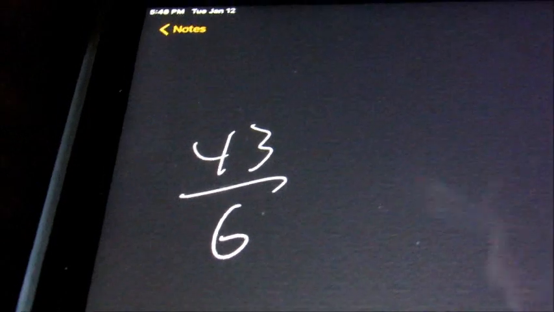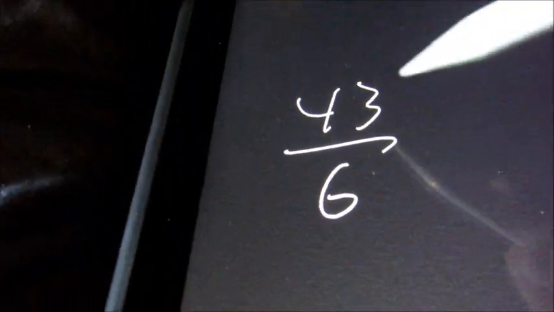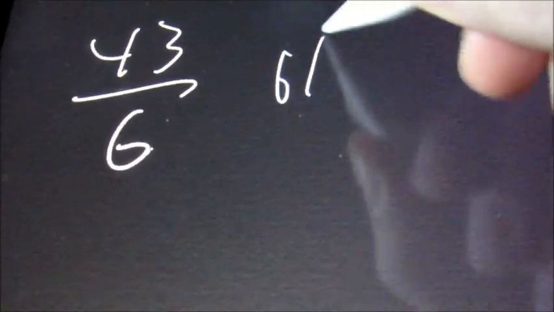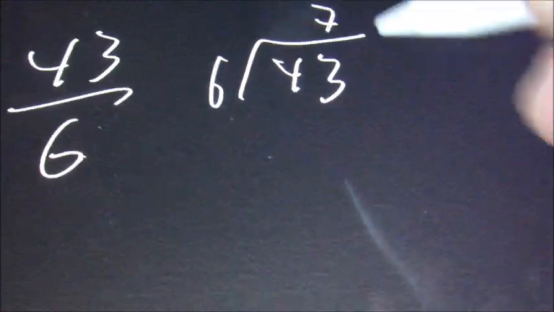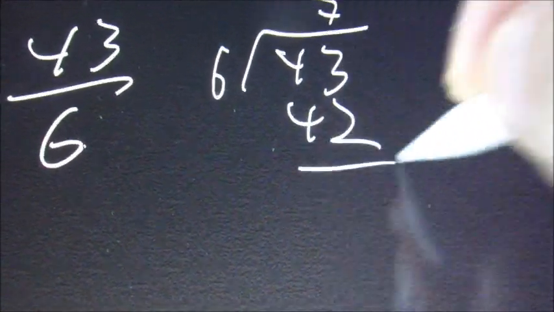Now, to go backwards, let's say we have 43 over 6, and we want to turn this into a mixed number. What we do is we divide, and then whatever our remainder is will be our new numerator, and this is going to be our new denominator. So 6 goes into 43 7 times. 7 times 6 is 42.